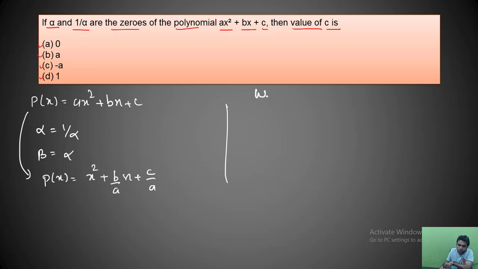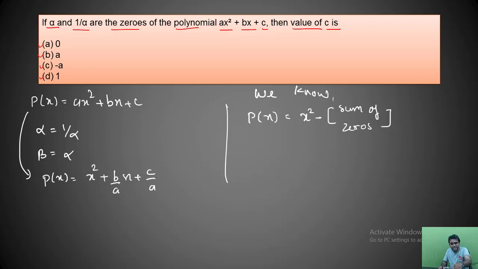Now we know the formula to find the polynomial if we know the value of zeros, right? It is 1 by alpha and alpha. So by knowing the value of zeros, how can I find the equation of a polynomial? It is x square minus the sum of zeros into x plus the product of zeros. Please concentrate on the sign.